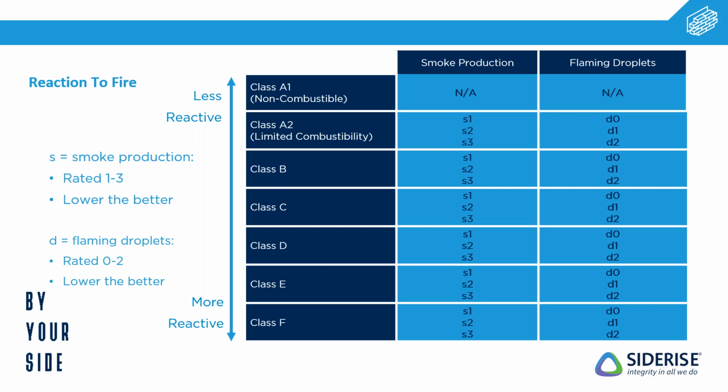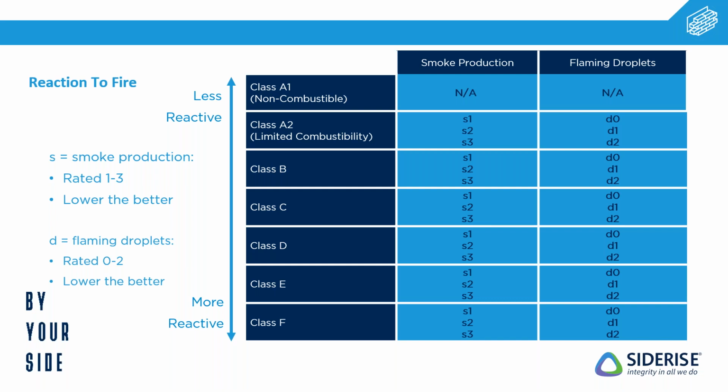Class A1 is deemed the very best in terms of reaction to fire. It does not react; it's deemed non-combustible. If it's not quite non-combustible, then you have that secondary class, class A2, and that's deemed limited combustibility. This is where we start splitting into a couple of those key criteria.